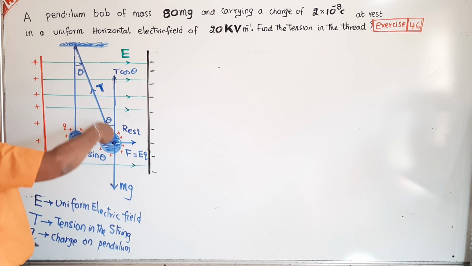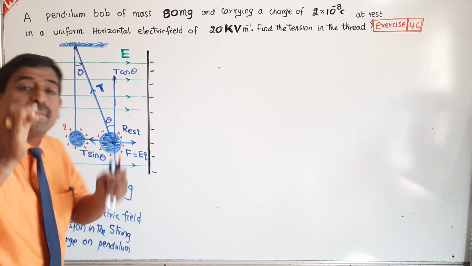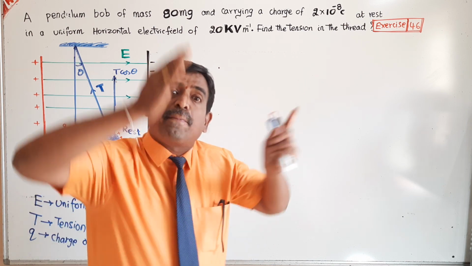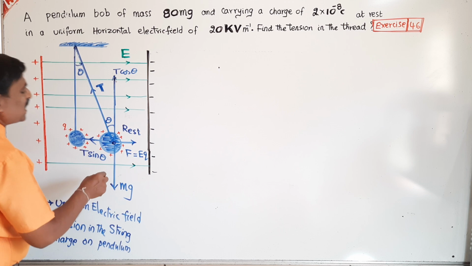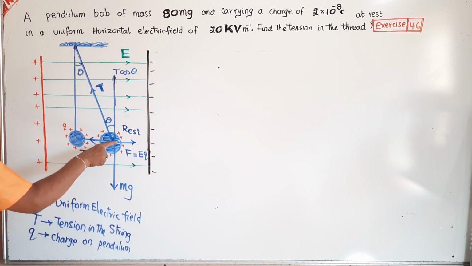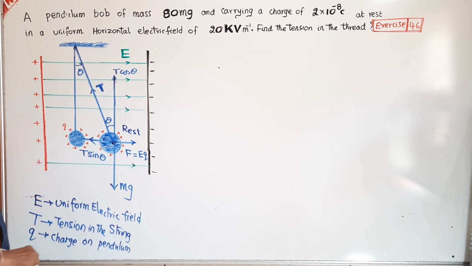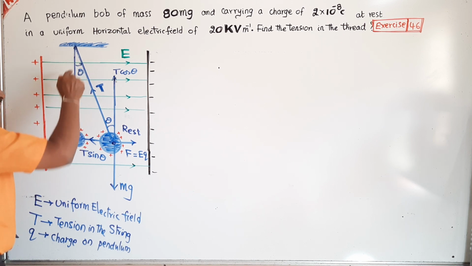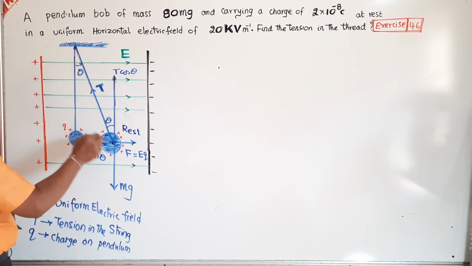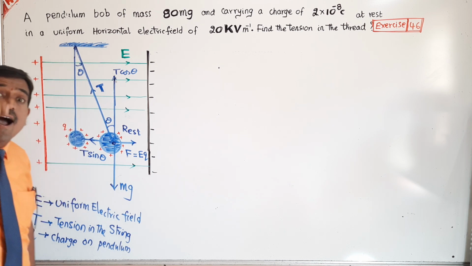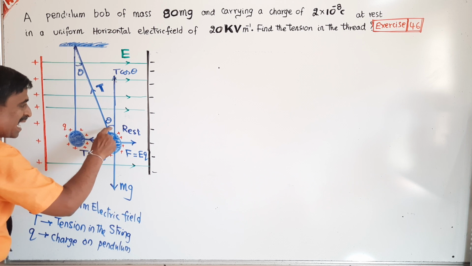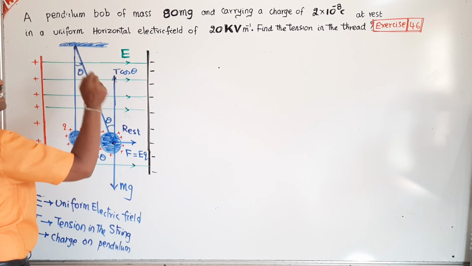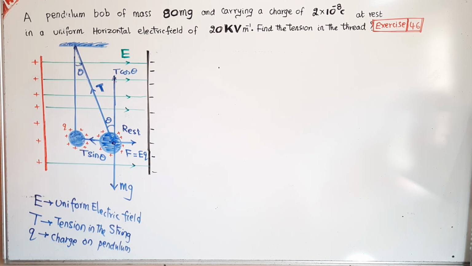Here, the tension in the string can be resolved into two perpendicular components: one is T cos theta, another one is T sin theta. Here angle is theta, here also angle theta. These two angles are alternate angles. For this angle theta, this is the adjacent side, for that reason I have written cos theta, and this is sin theta.